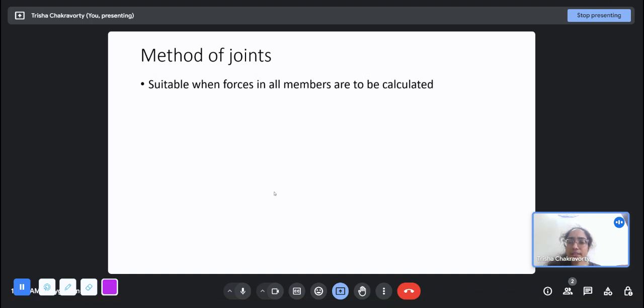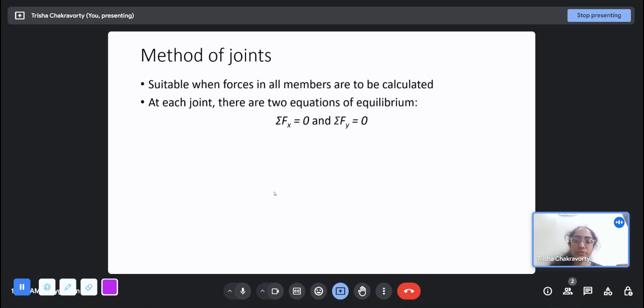The method of joints is suitable when forces of all members are to be calculated. It is a little elaborate process. At each joint, there are two equations of equilibrium. Like I said, a hinge support transfers two forces.